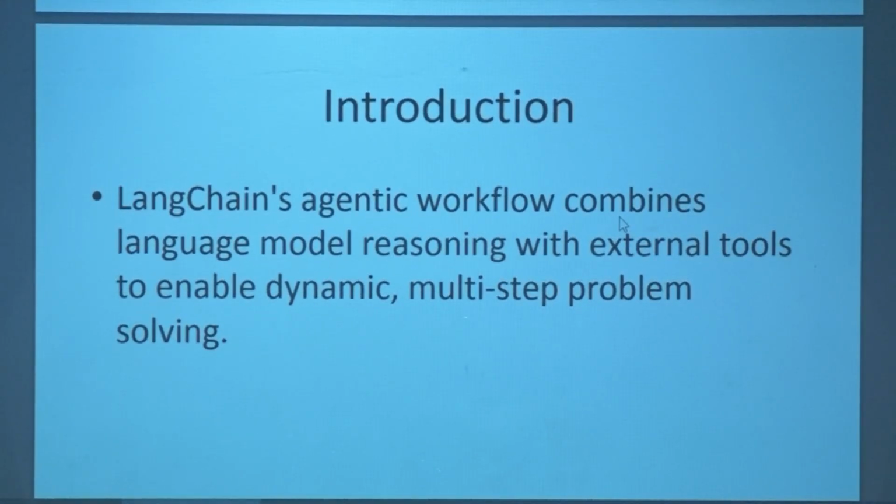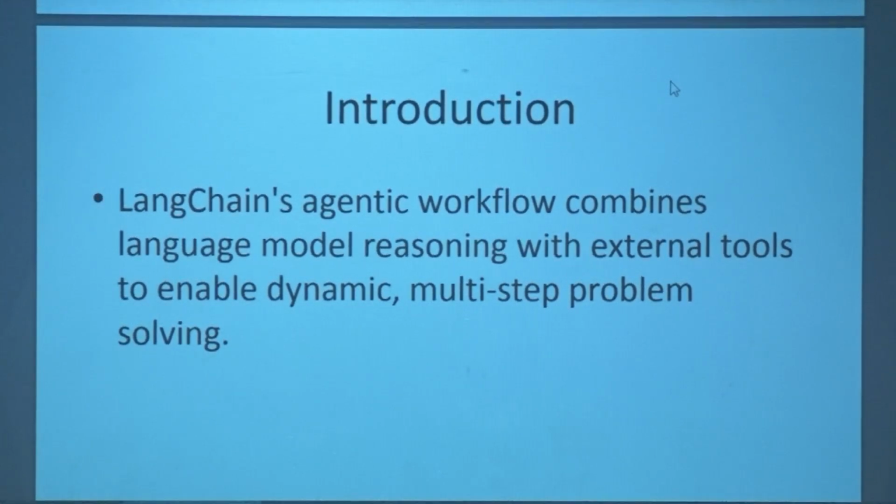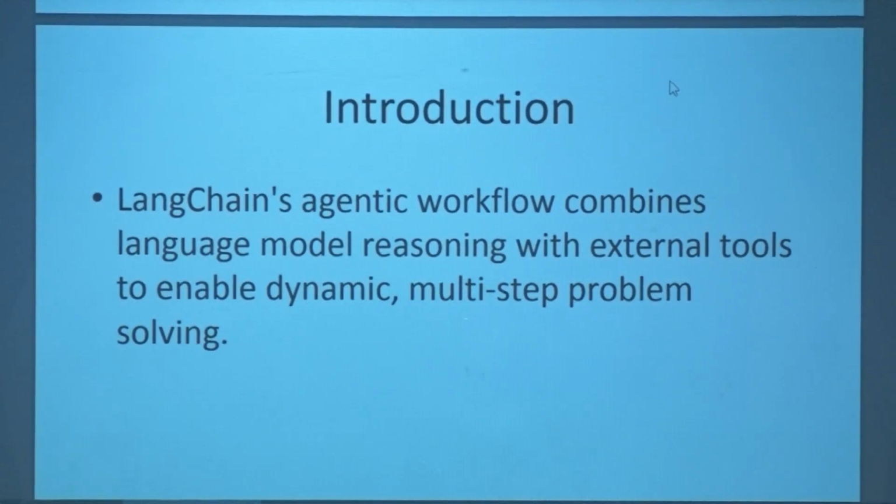So the agentic workflow basically combines LLMs, but they have an interesting idea which is not there in an LLM. They can reason, think, and act. It's also called ReAct, not that React. This is a different React. So this ability to reason and act, which makes them react, is a power which LangChain or the agentic workflow brings.